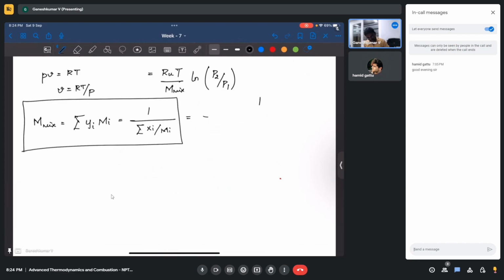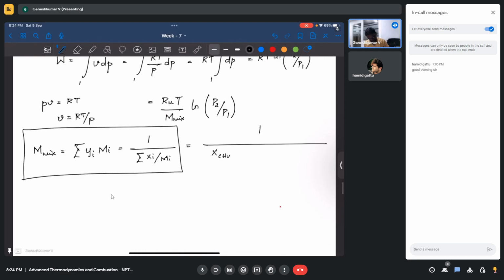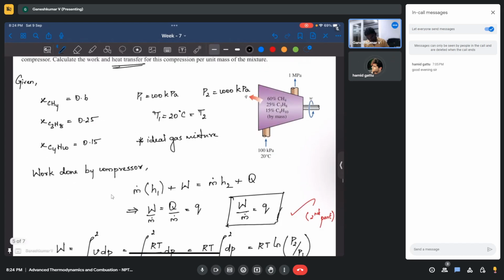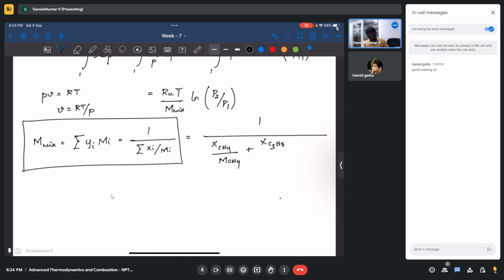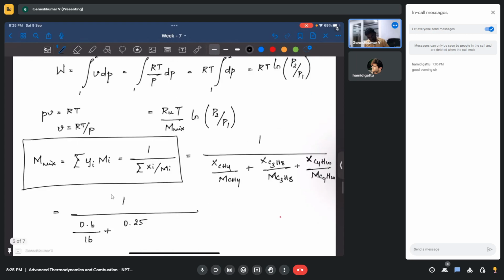So if that is the case, you can write 1 divided by x of CH4 by molecular weight of CH4, plus x of C3H8 by molecular weight of C3H8, and x of C4H10 by molecular weight of C4H10. So it is 0.6 divided by 16, since CH4 is 16, and 0.25 divided by C3H8.